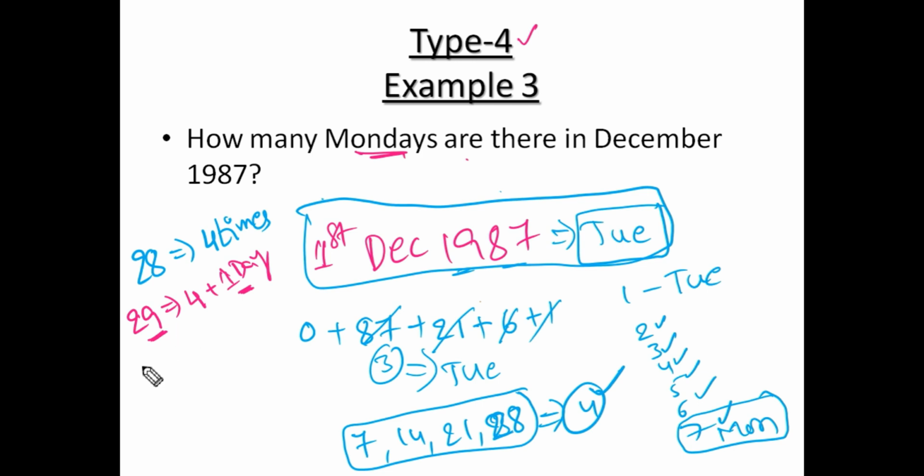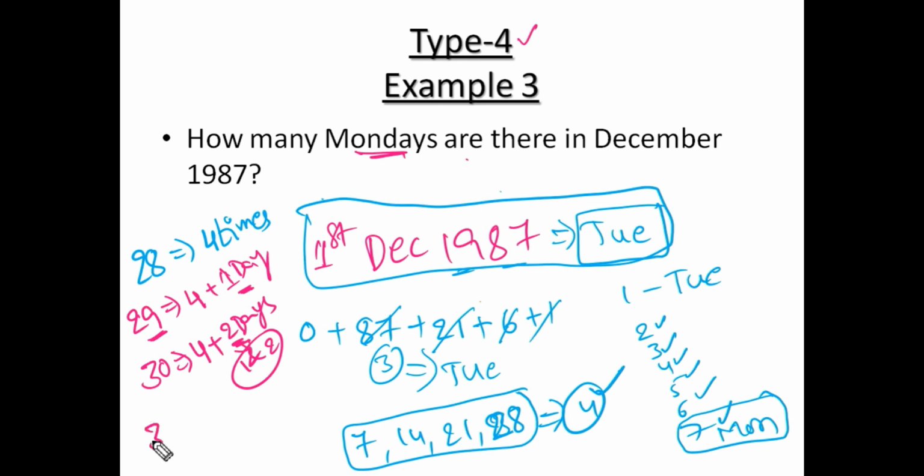Next. If a month consists of 30 days, every weekday comes 4 times, but 2 days will be 5 times. What are the 2 days? First and second. The first date is the same as the 29th day and the second date is the same as the 30th day.